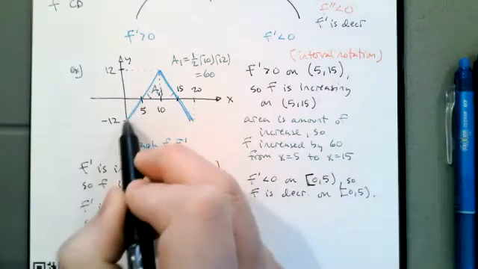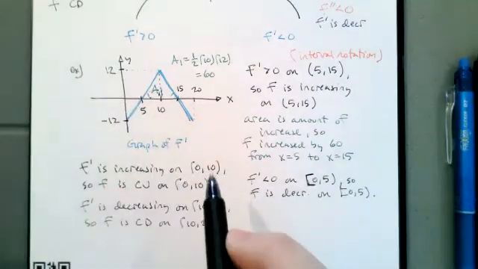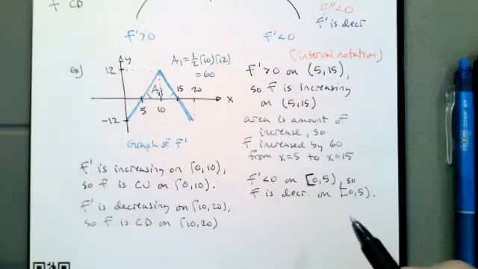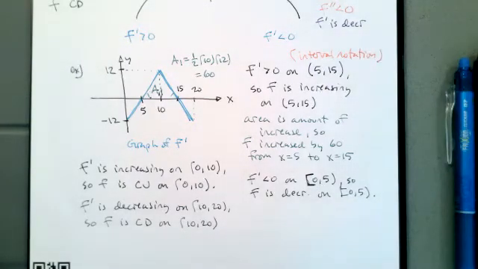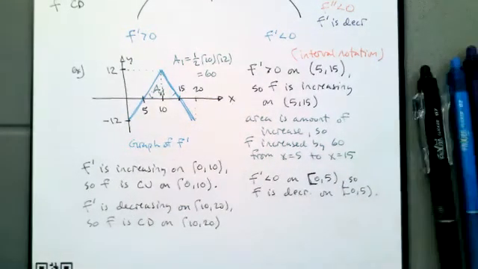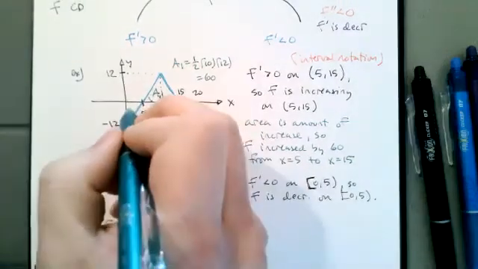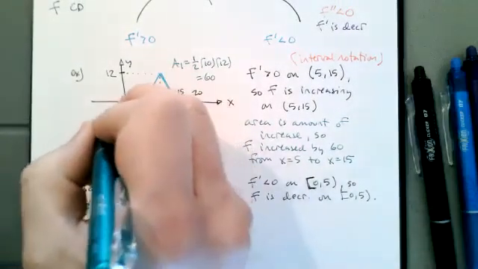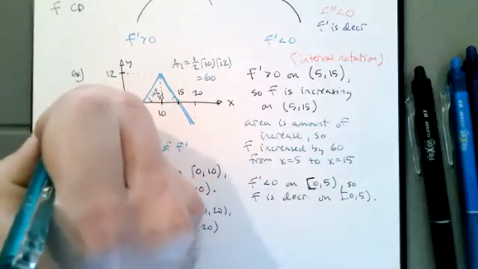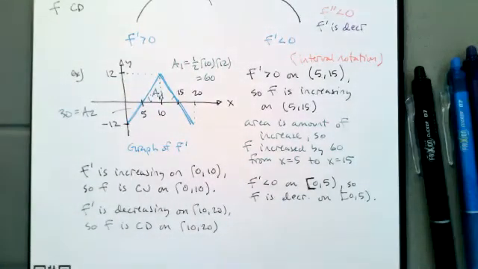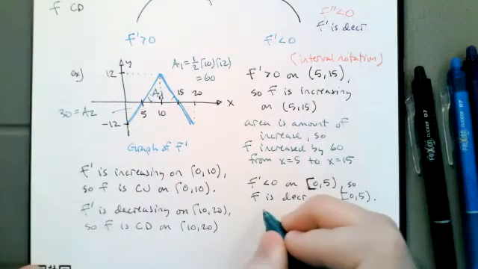Since the area here looks like it's going to be negative 30, f decreases by 30 from 0 to 5. If I call this A2, A2 is equal to 30. So f decreases by 30 from x equals 0 to x equals 5.